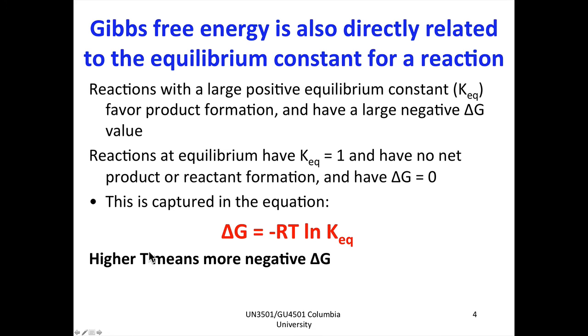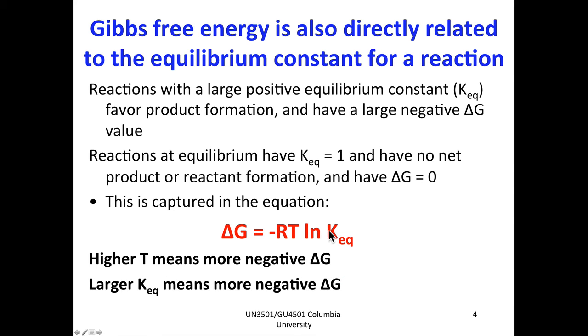And another way to think about this relationship is that as you increase the temperature of a reaction, you're going to generate a more negative delta G value. Now we saw that on the last slide as well, that because of the negative T delta S term, higher temperature also favors a more negative delta G, and we can see the same thing here.